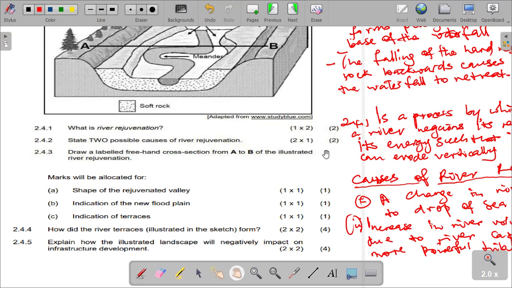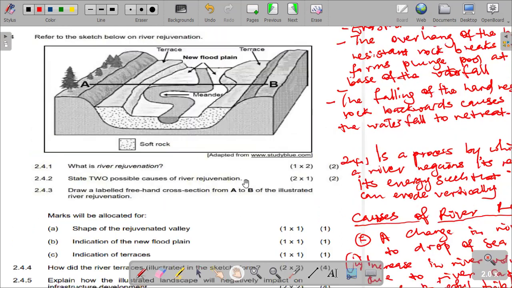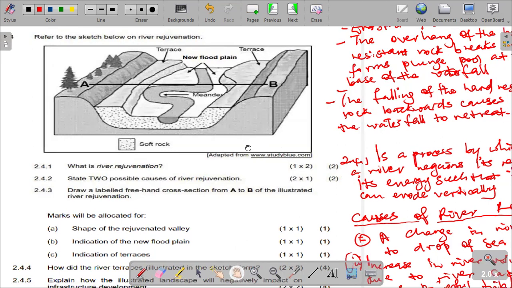So let us quickly draw a labeled freehand cross section from A to B. You see the river terraces there, and A to B, where those are the river banks, and that's the stream within a stream there, which is shown through a meander being almost undercut again. So we want to draw this cross-sectional view.